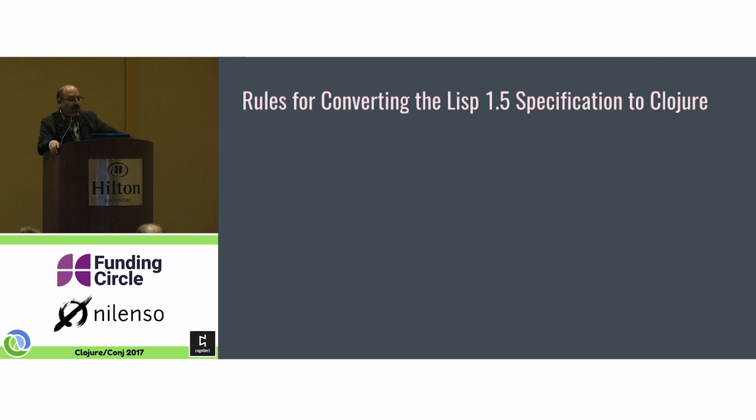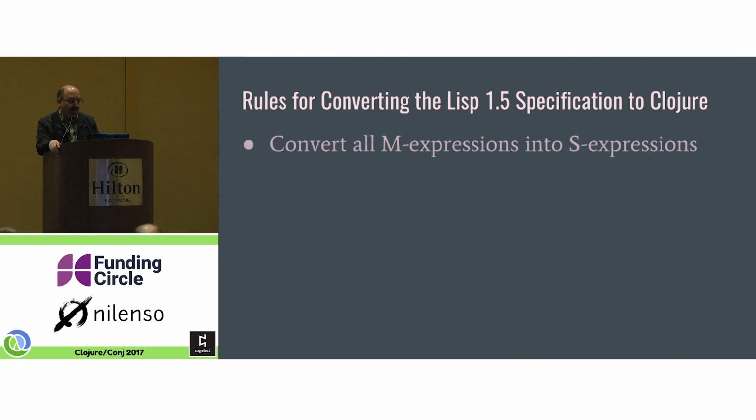So let's talk now about the rules that we're going to be using to convert the Lisp 1.5 specification, okay, into Clojure. So basically, I translated what you saw just a moment ago, the code, or the formal specification that we saw a moment ago, into Clojure following these specific guidelines.